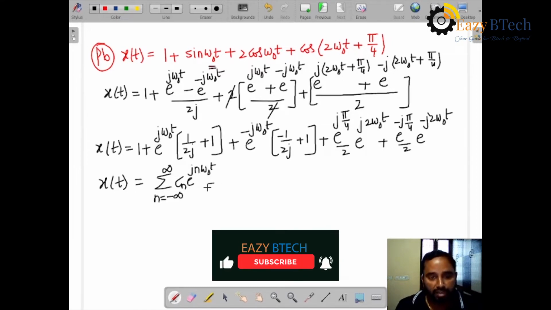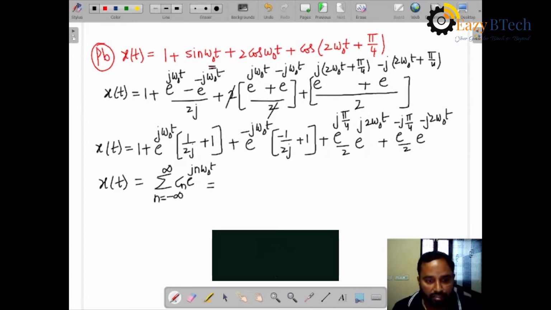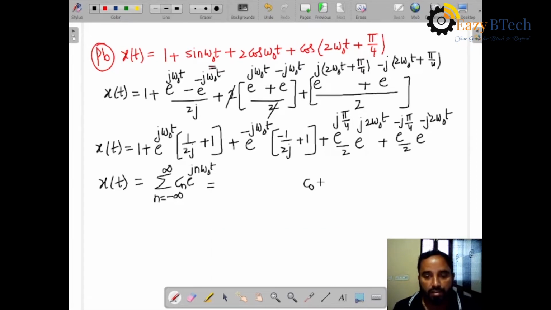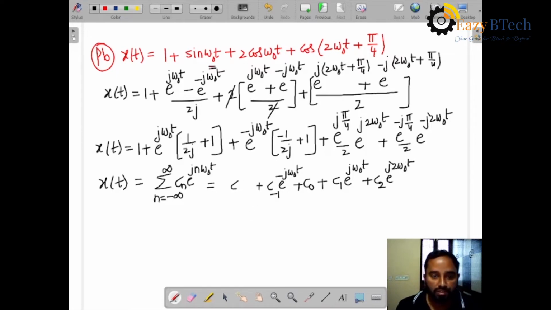If you expand it, for n equal to 0 we get c naught, n is 1 gives c1 e power j omega naught t, n is minus 1 gives c minus 1 e power minus j omega naught t, n is 2 gives c2 e power j 2 omega naught t, n is minus 2 gives c minus 2 e to the power minus j 2 omega naught t, and so on. Likewise we get the terms in the Fourier series.